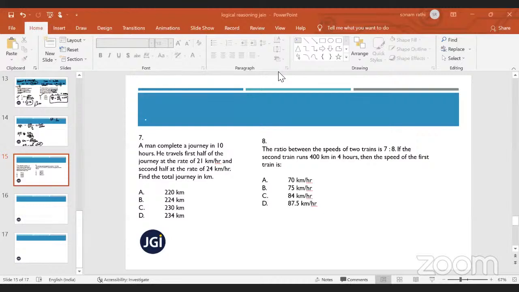Read the question properly. If you read the question properly, you'll get the answer. And you just have to make the right equations.